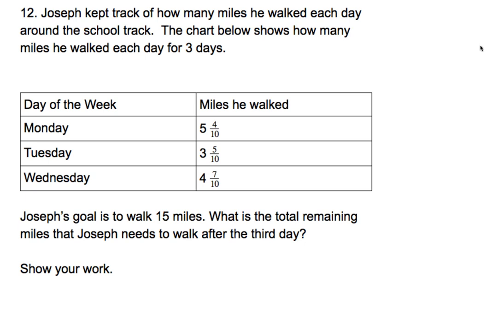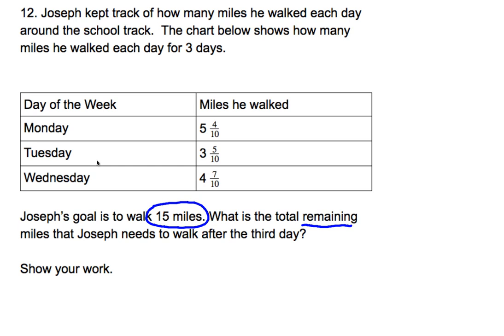So in these 3 days, he walked each day, but his goal was to walk 15. However, it says, what is the total remaining miles? So I have to first figure out, how many miles did Joseph walk in the 3 days?